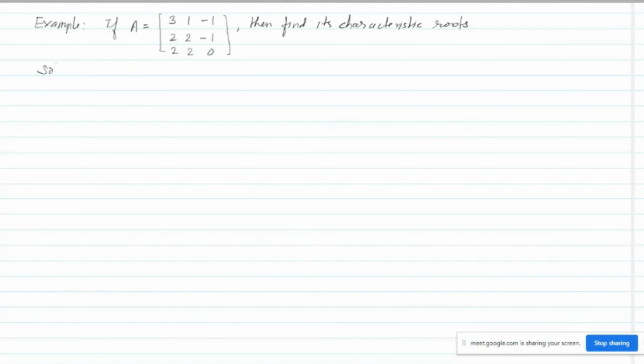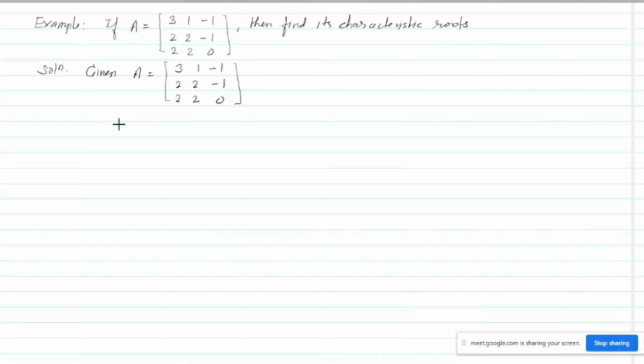So let us see how to find the solution. What is given to you, just write down. You should always start with the given. Given that matrix A is 3 1 minus 1, 2 2 minus 1, 2 2 0. This matrix is of order 3 cross 3.